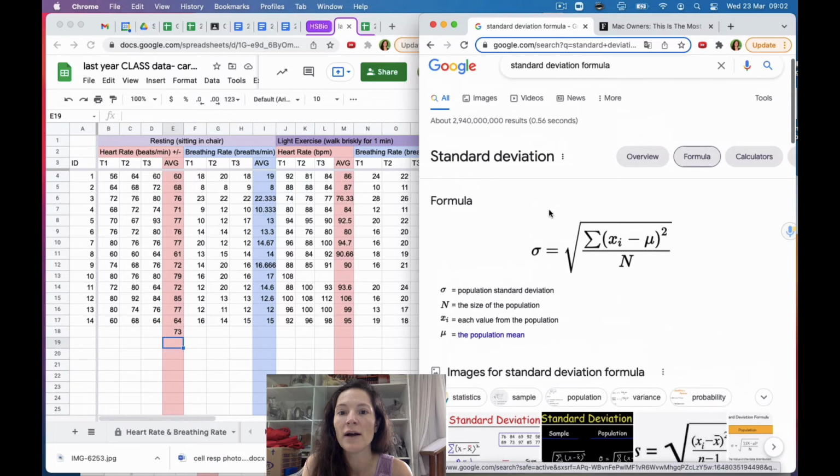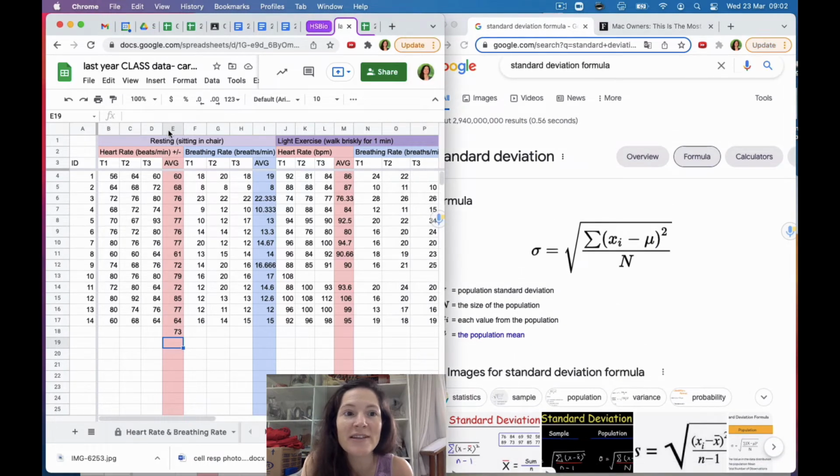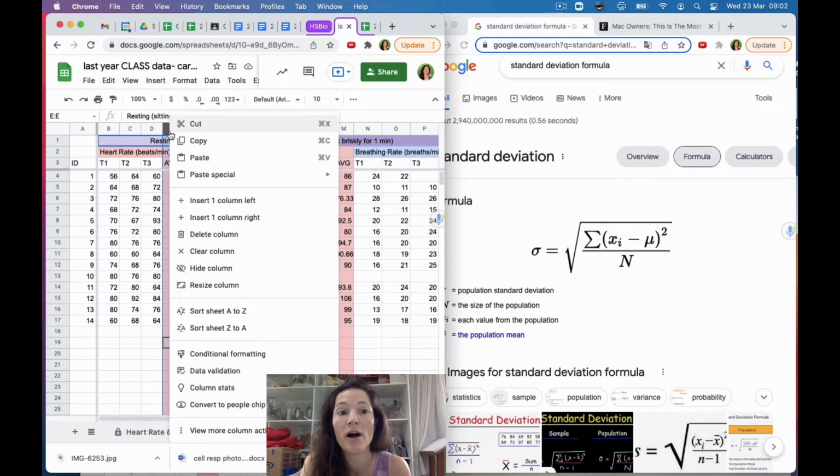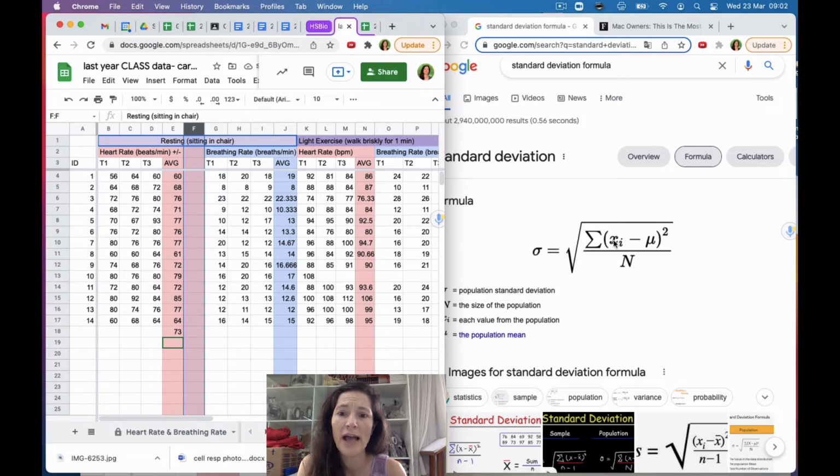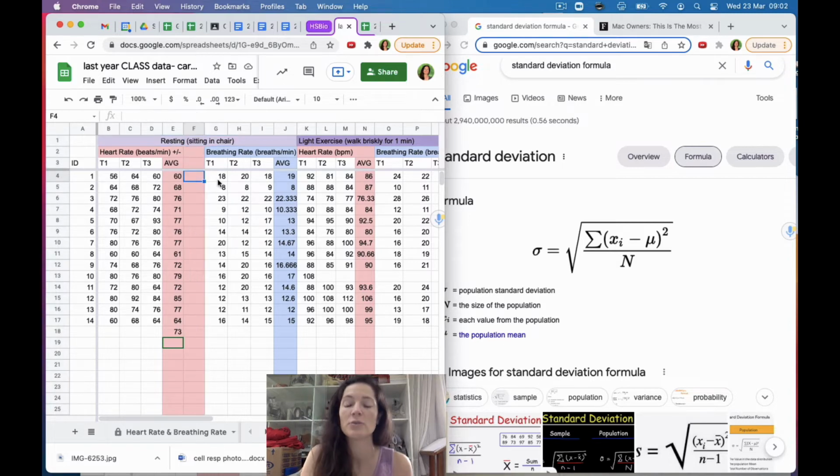You guys can speed this up or slow this down, but I want to show you what we're actually looking at when we look at this variation of all the individual data points from the mean. For every single data point, what's the difference from the mean? I can do this really easily: what's the difference between that individual data point and the mean, which for these is 73?